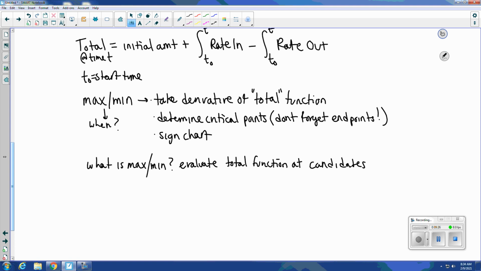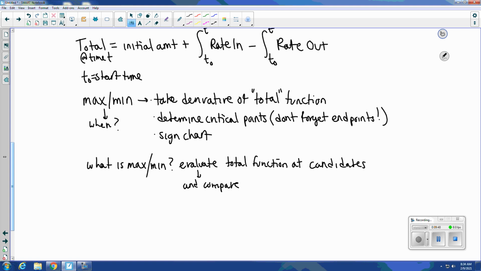You're going to have to evaluate and compare. And that will get you the total amount, or the maximum total, or the minimum total over some time interval. So don't forget those endpoints. Make sure you check those.